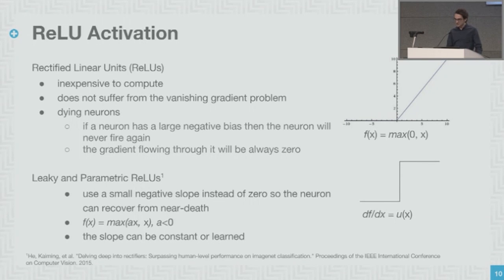So how do we determine this small negative slope? We can choose something arbitrary, or an alternative is to learn this parameter also using the backpropagation algorithm, and this is called the parametric rectified linear unit.